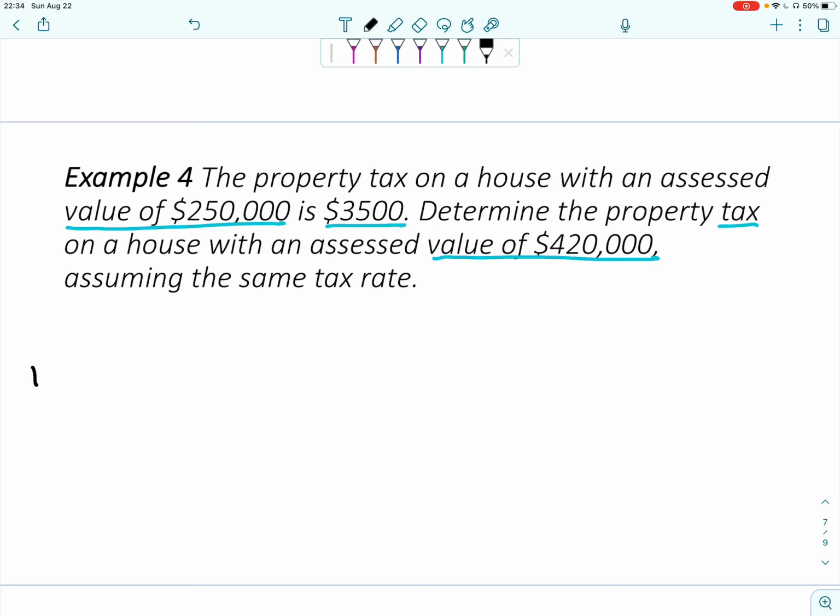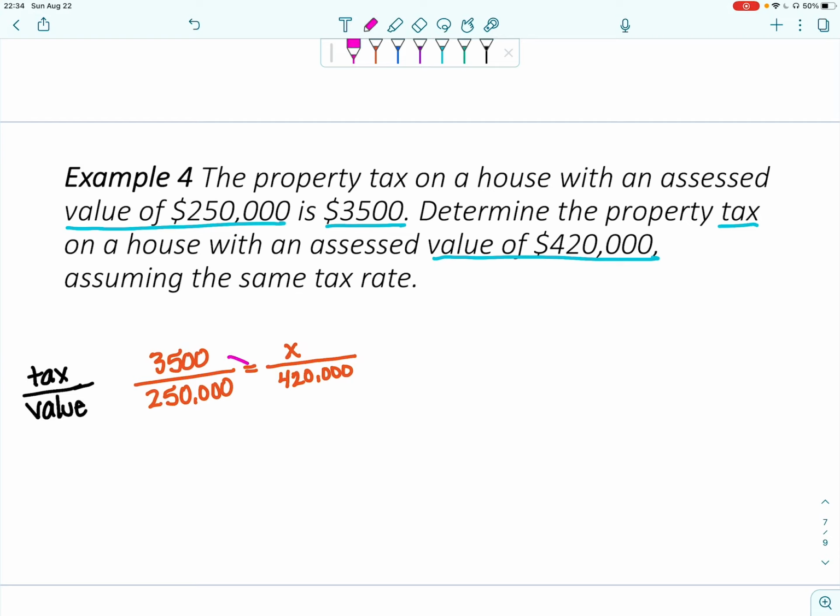So I'm going to do tax over value. I'll do house 1 equals house 2. So house 1 is 3,500 over 250,000. House 2 is an unknown amount in taxes over 420,000.